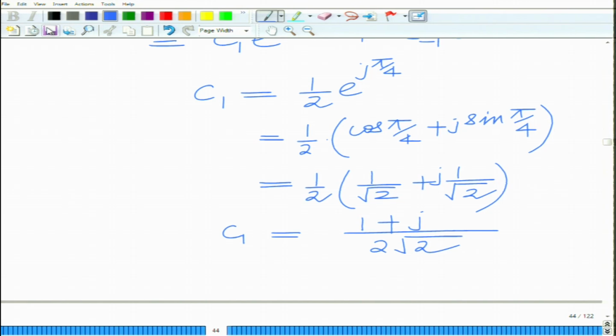So, the coefficient C1 in the CEFS is 1 plus j over twice square root of 2.